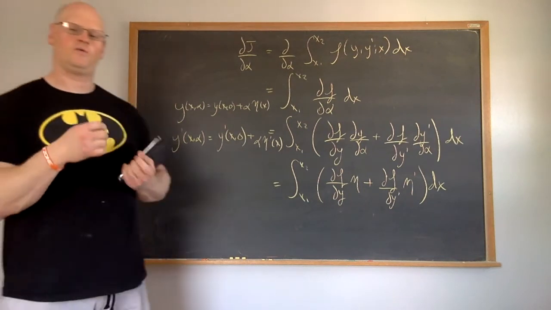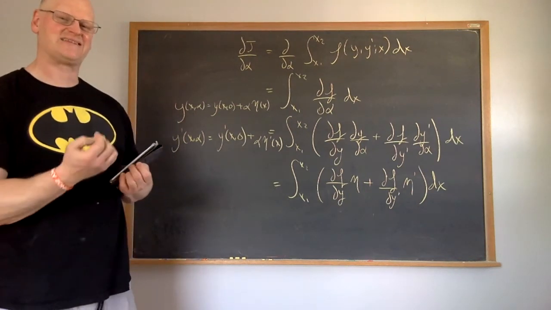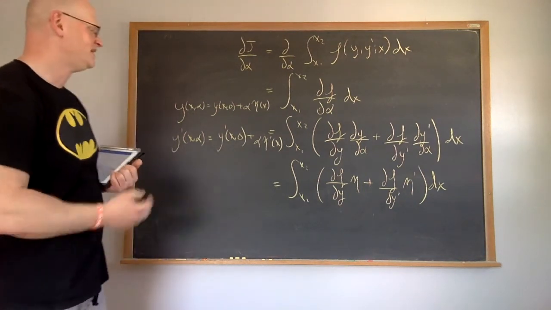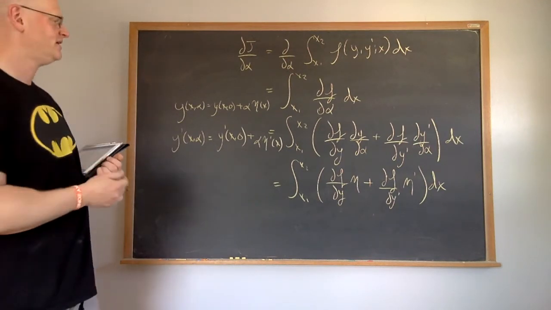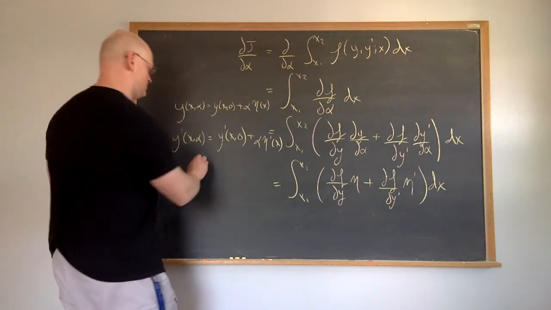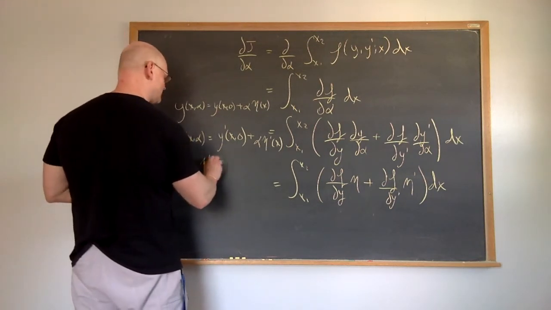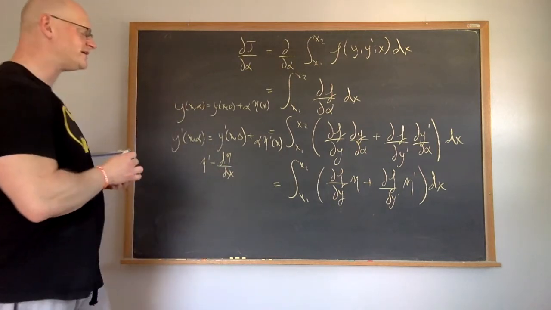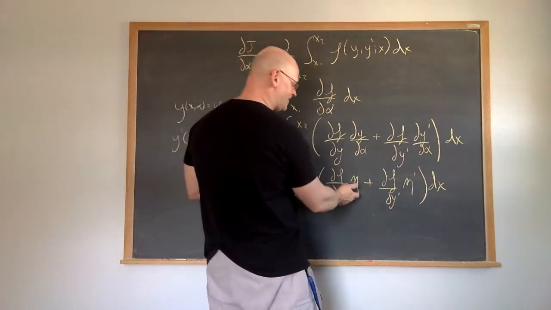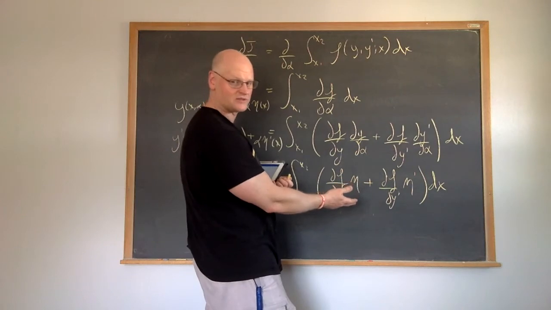Now, again, what I mentioned before is that eta has to be an arbitrary function. So we don't want to ever specify what eta actually is. So here, let me write it this way, eta prime is actually the same thing as d eta dx. Since this one depends on eta prime, we want to use the fact that eta has to be an arbitrary function.